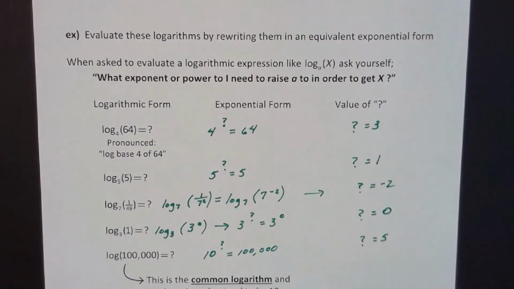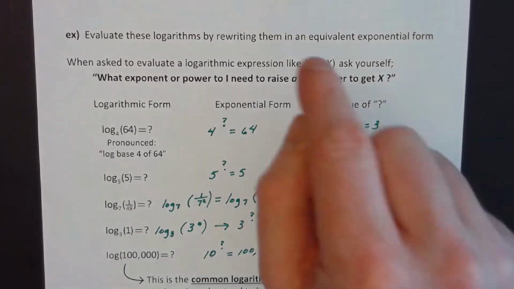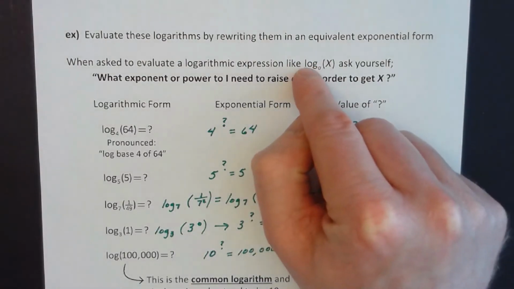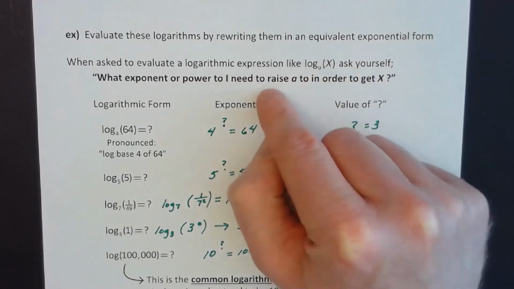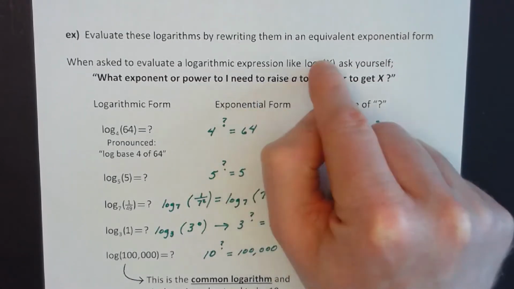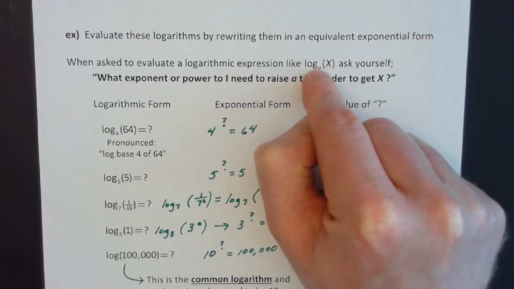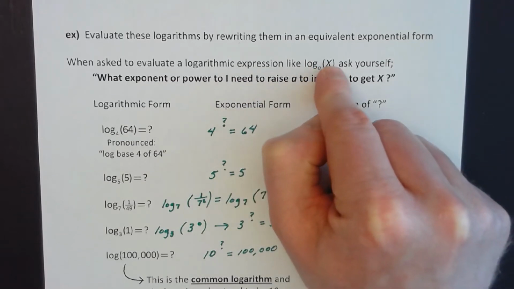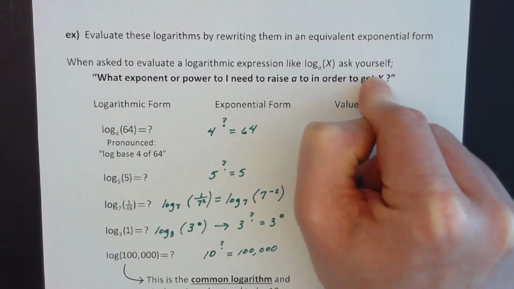I'm wanting you to evaluate these logarithms by rewriting them in their equivalent exponential form. So if I have something like the log base a of x, you literally need to ask yourself, what exponent or power do I need to raise that base a to get the term on the inside, which is x in this case?